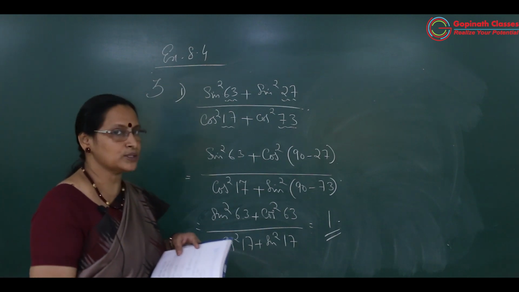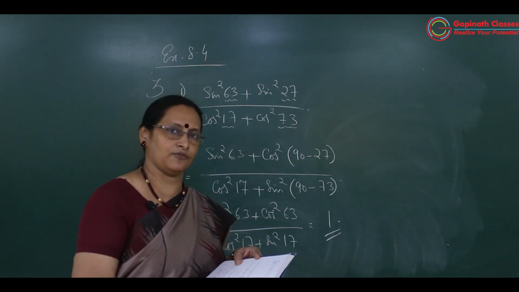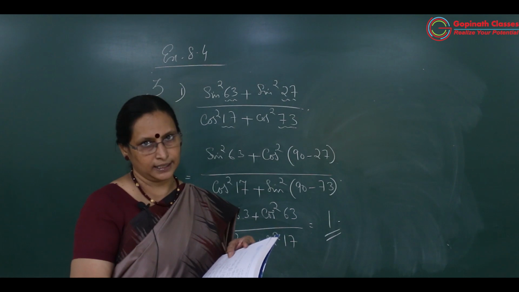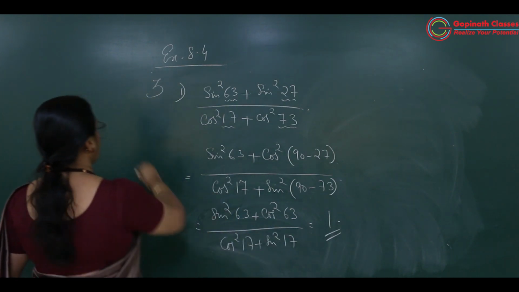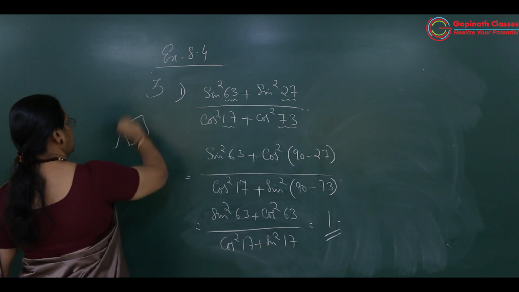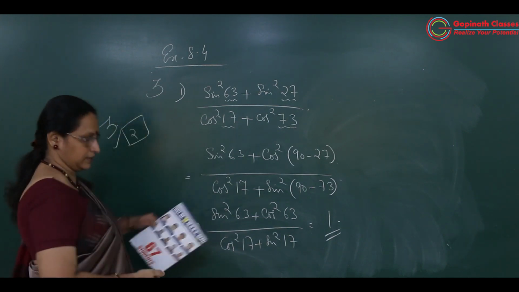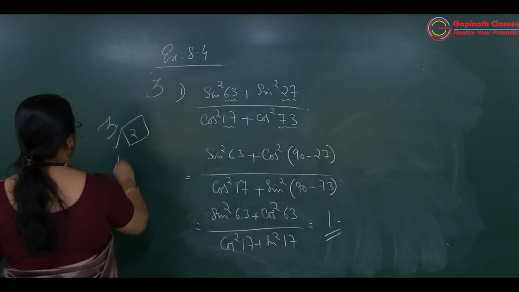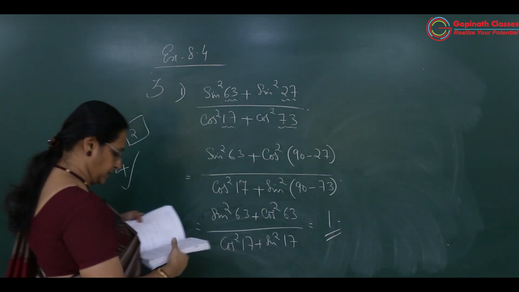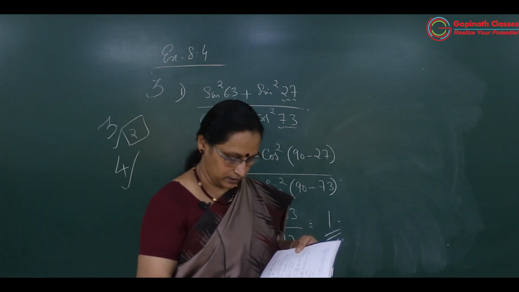Next question, you can try 25 and 65. Convert 25 into 65 or 65 into 25, and there you will get an identity. You can do it. So, main question number 3, second one, please do it yourself. And obviously, main question number 4 also you have to try, because it is a MCQ, you can do it.